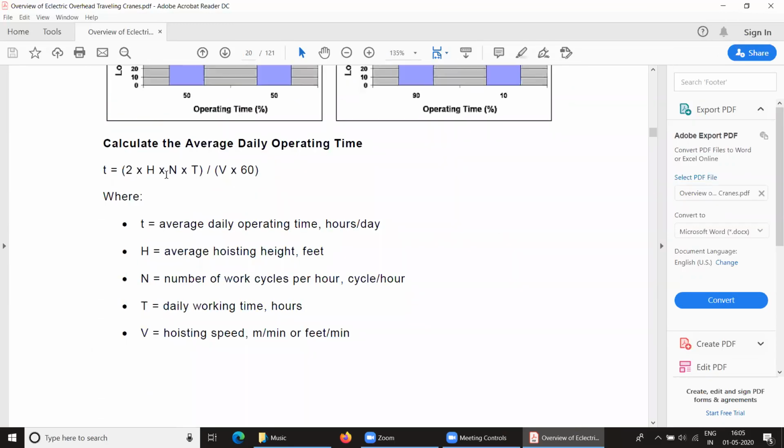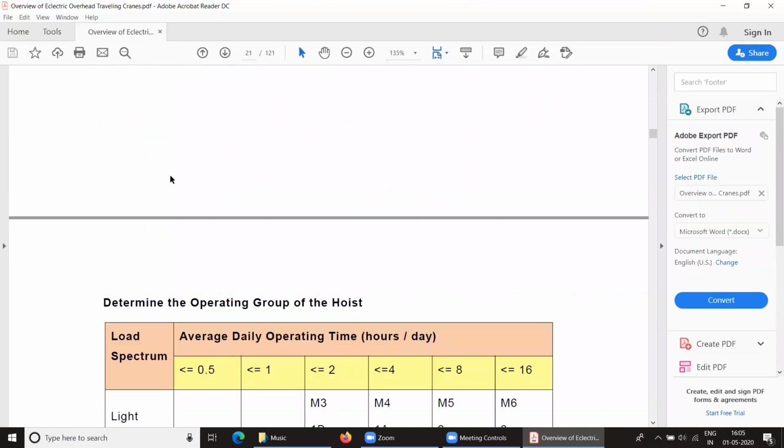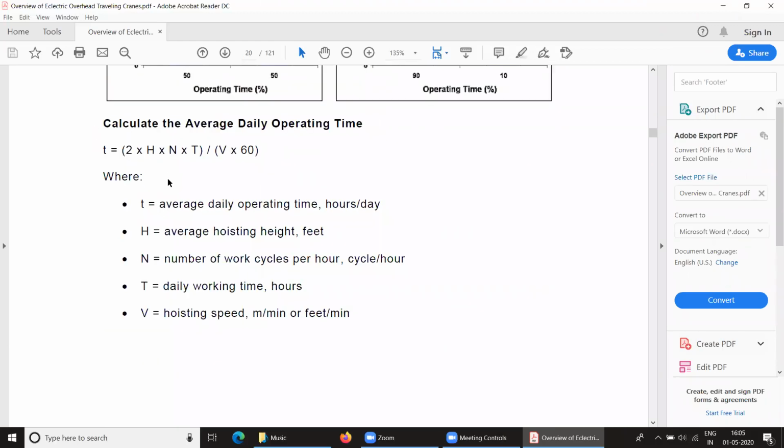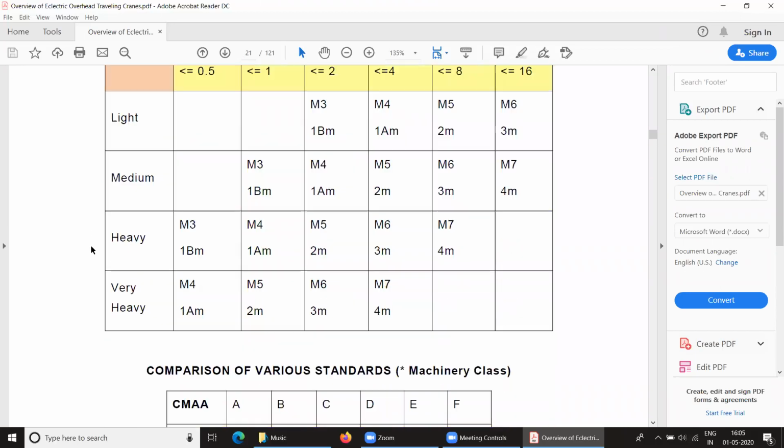These are also part of crane handling. Please note this part: t is equal to average daily operating time, H is the average hoisting height, N is the number of work cycles per hour, capital T is daily working time, and capital V is hoisting speed, that is meters per minute.